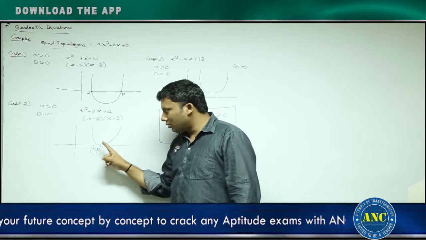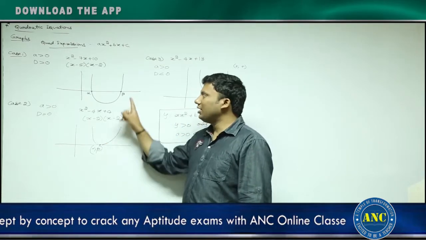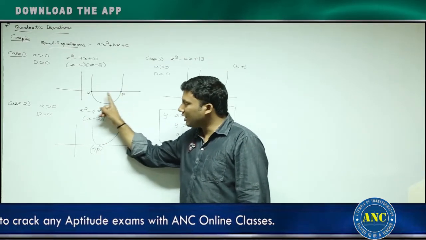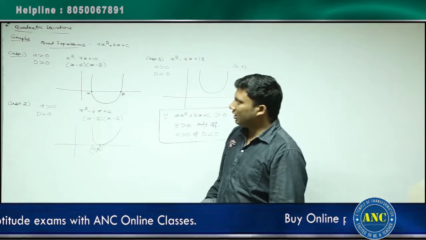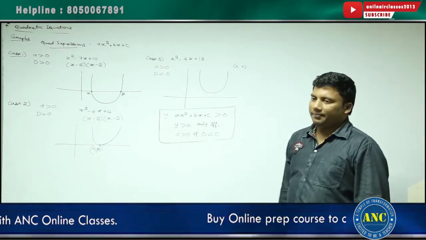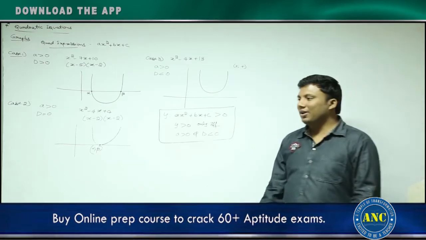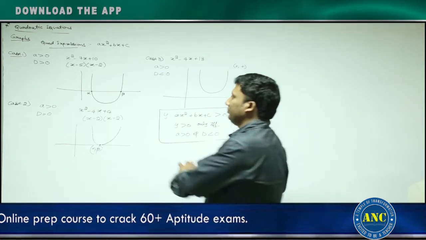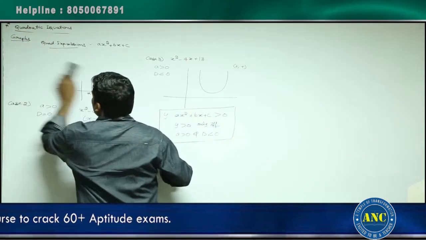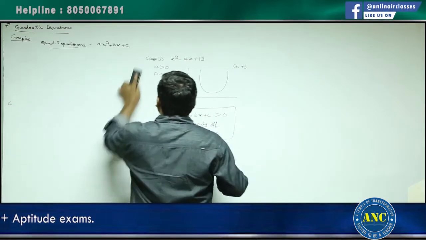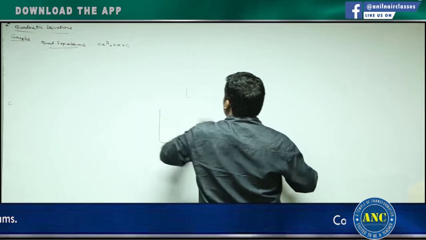D equal to 0 means it touches the axis at one point. D greater than 0 means it touches the axis at 2 points. Right. Next, second. We did the graph for A greater than 0. Now we will do the graph for A less than 0. Let us not write examples. Once it is clear to you, then case 1, case 2, case 3.